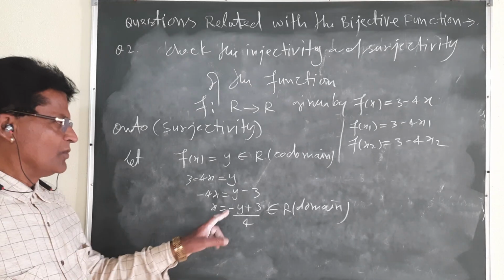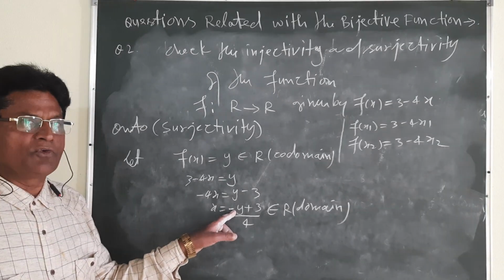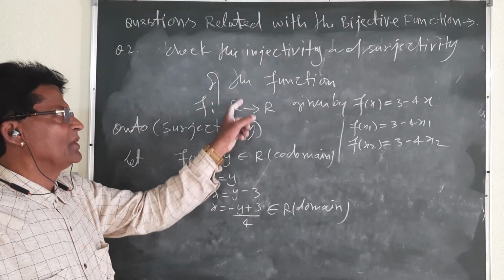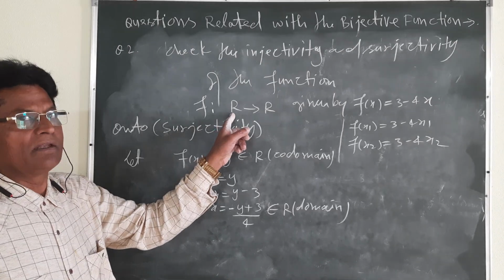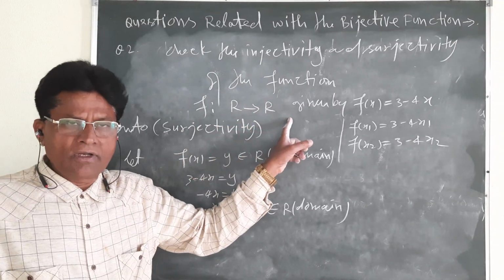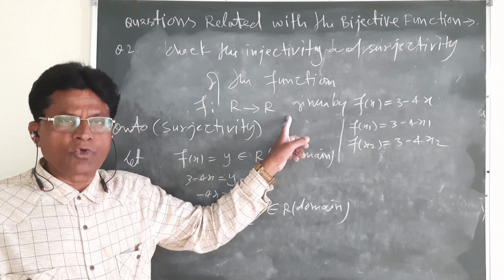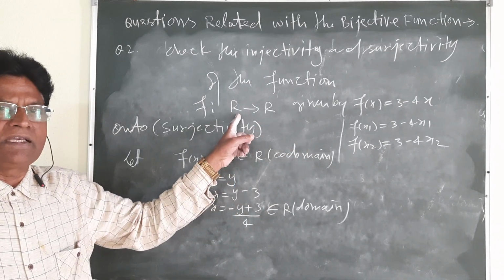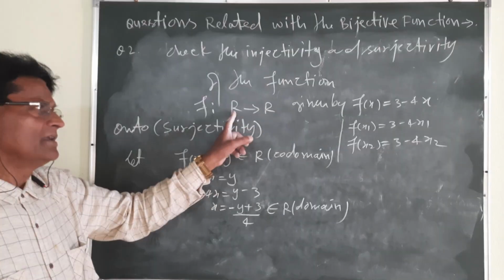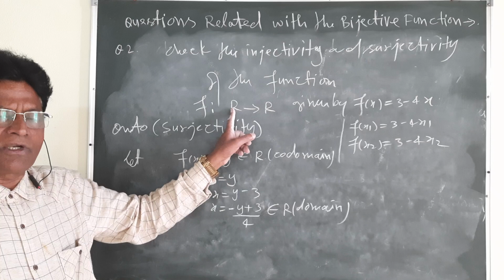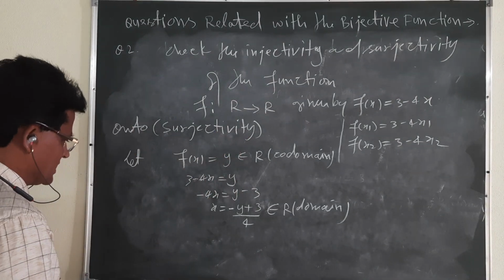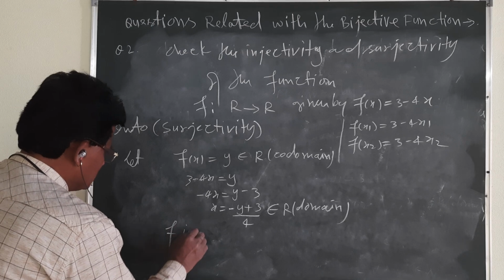Once again, for any value of y, you will get a real value, which belongs to the domain. Each and every real number in the codomain has an image with some element of x, the real number domain. That is why F is surjective.